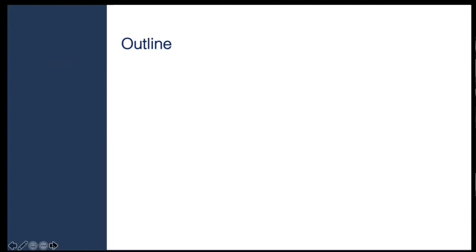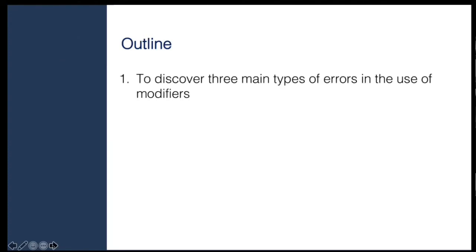The plan for today will be the following. First of all, we'll talk about three main types of errors with modifiers. There could be more. In different literature, you can find another type, which is called interrupted or interrupting modifiers, but it often goes within the other three. So, three main types.